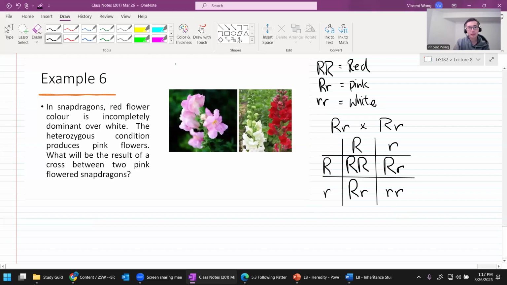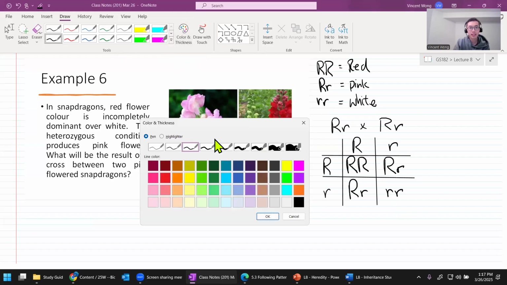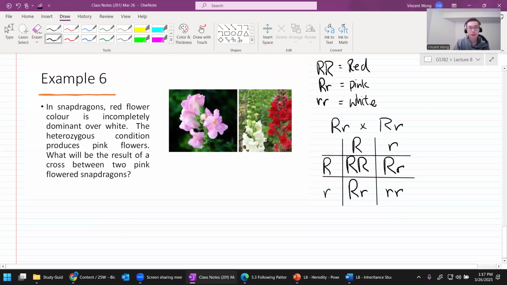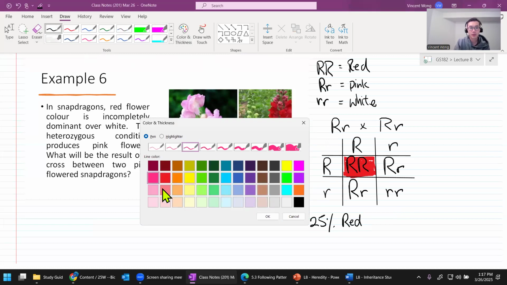So over here, these are red, right? Okay, so 25% red. And these ones are pink.